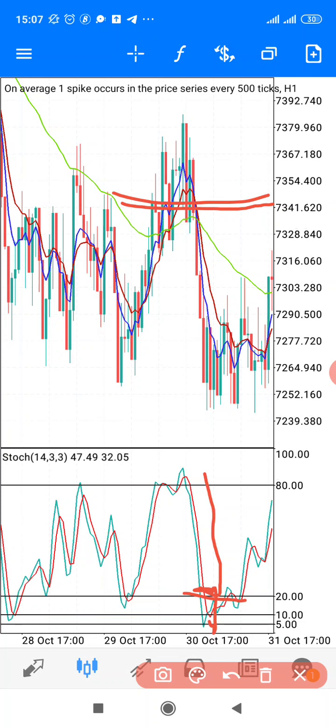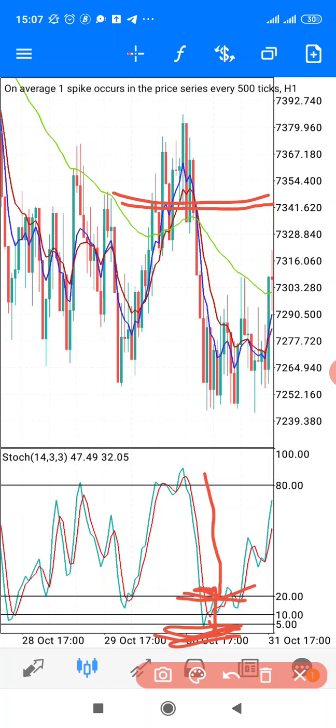Let's say you are in a downtrend. If you are in a downtrend in boom, you can even come out at 0. That means your stochastic should be at 0. But if you are in an uptrend, that means you are just enjoying a retracement. I believe you have gone to the class and I've shown you what retracement is. All right, so just come out at 20.